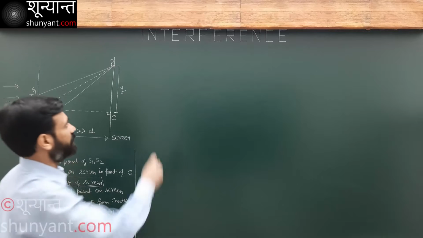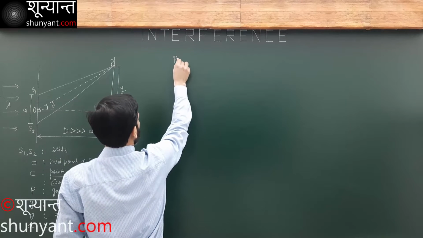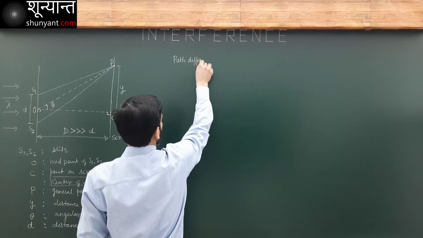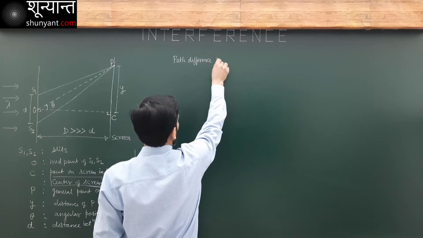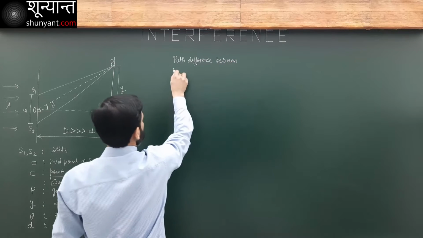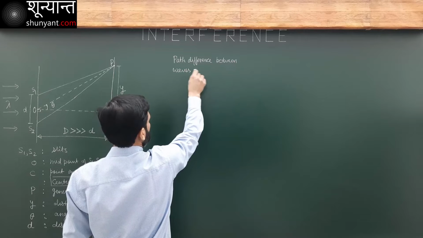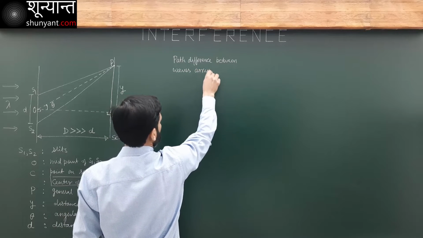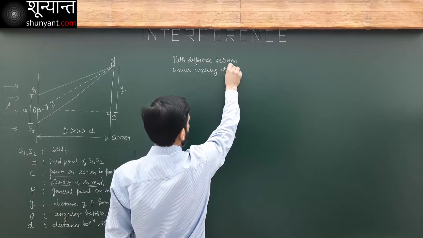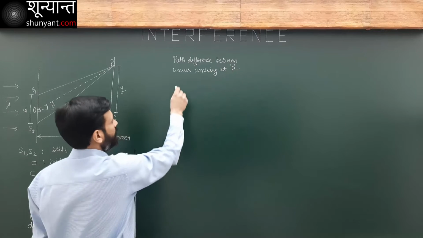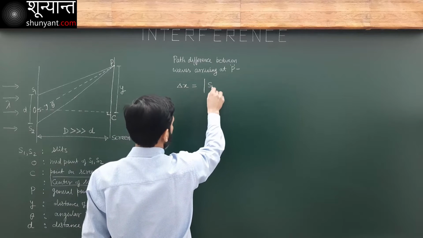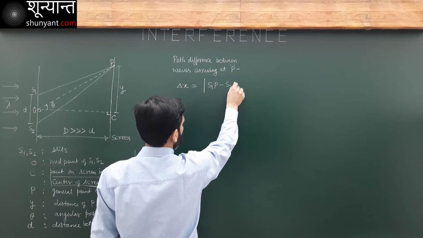What is the path difference between waves arriving at P, a general point P? Delta x is equal to mod of S1P minus S2P.